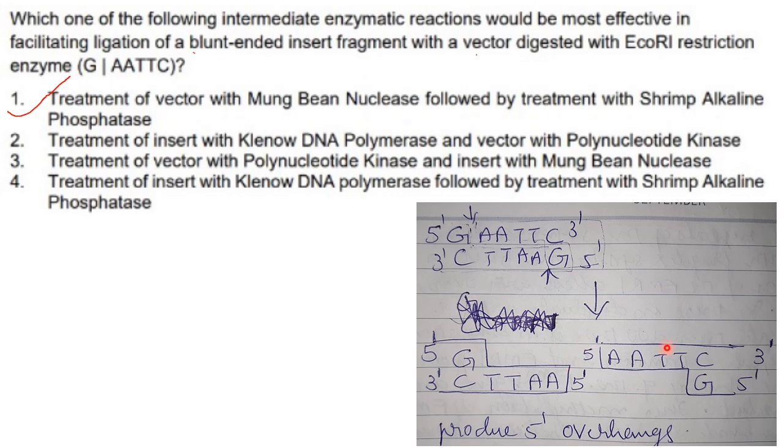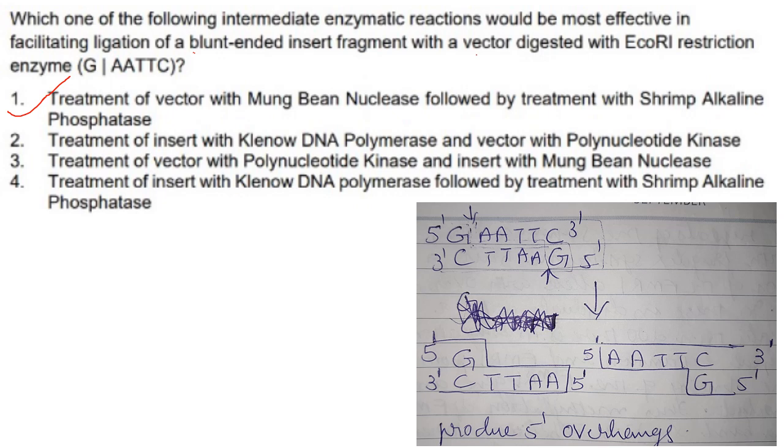So in order to prevent that, you remove the phosphate present at the 5 prime termini of the vector by using shrimp alkaline phosphatase. So the answer here is option 1.